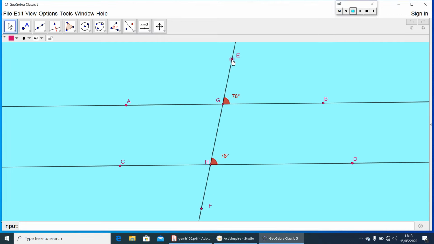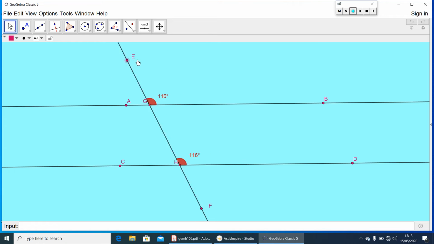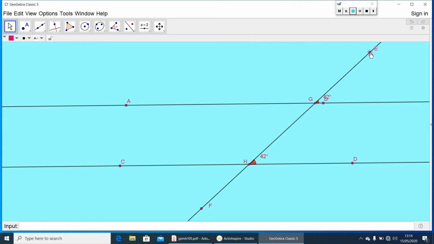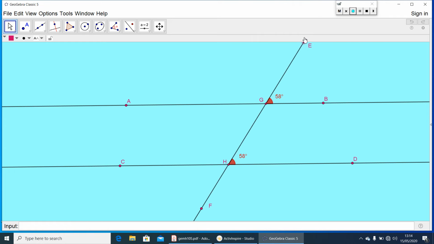What will happen to the corresponding angles? In all the cases, you can see corresponding angles are equal. So we can write, if lines are parallel, corresponding angles are equal.